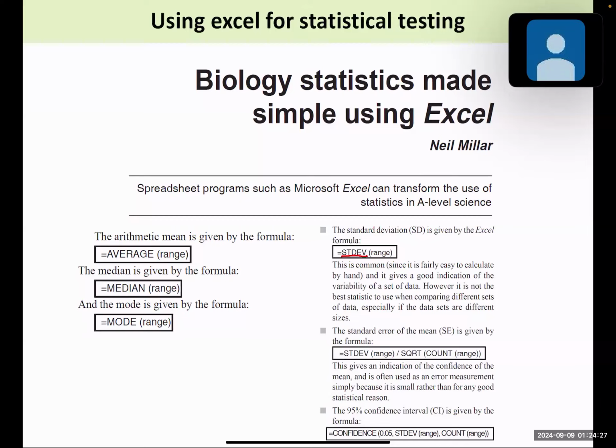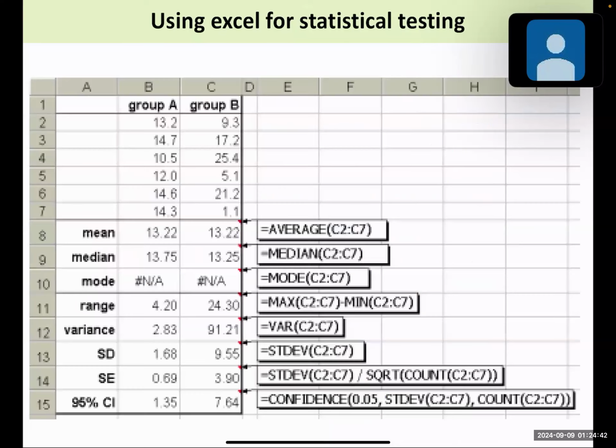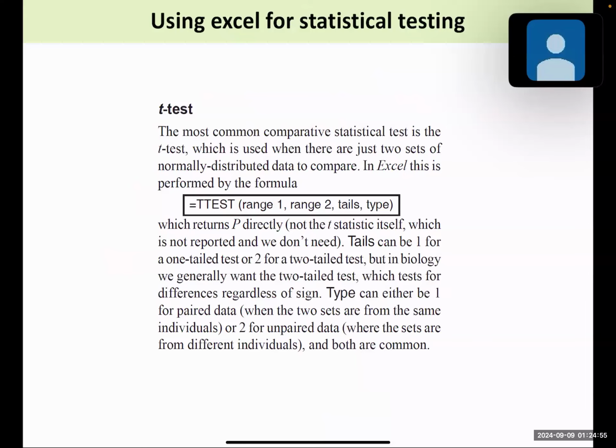So you divide the standard deviation by the square root of the sample number. And then you can also calculate the confidence interval by using the function confidence. So this is an example of calculating the mean, median, mode, variance, standard deviation, standard error of the mean, and confidence interval. You can test these with your own data as well.